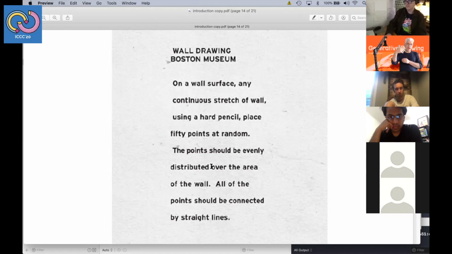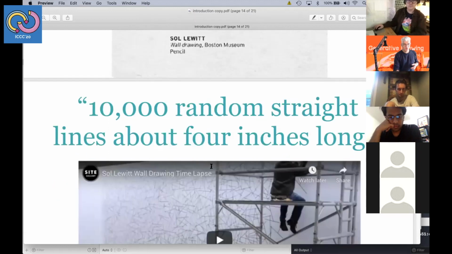Whereas Sol Lewitt was actually proposing that the rules were part of the art, would be my comparison and argument here. So he's saying on a wall surface, use a hard pencil, place 50 points at random, and then all of the points should be connected. So you see people performing these almost literally like a performance piece in museums now.